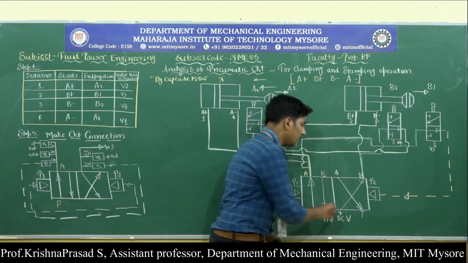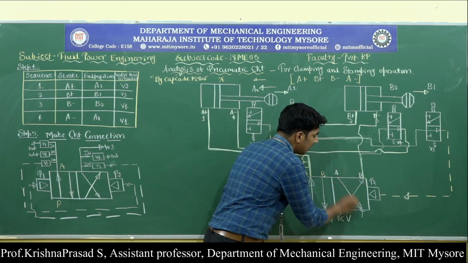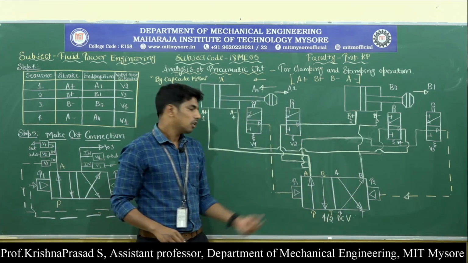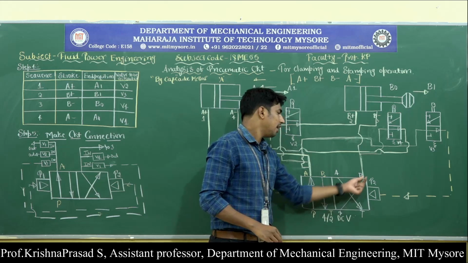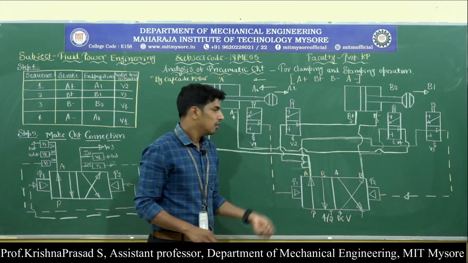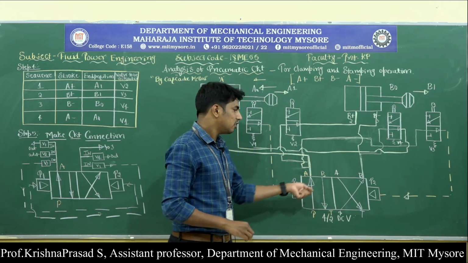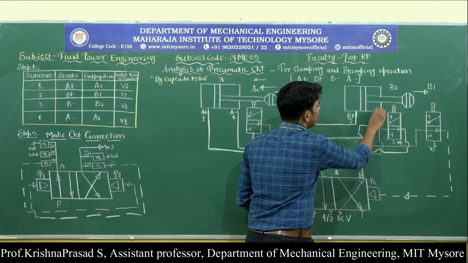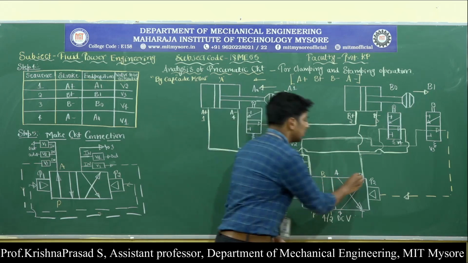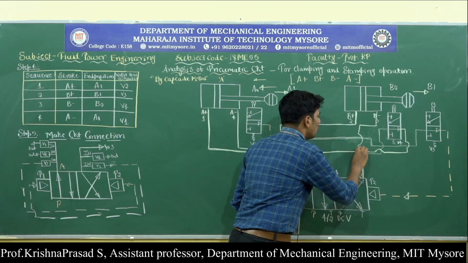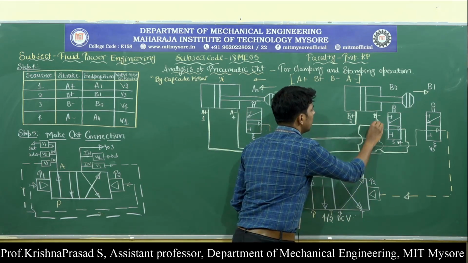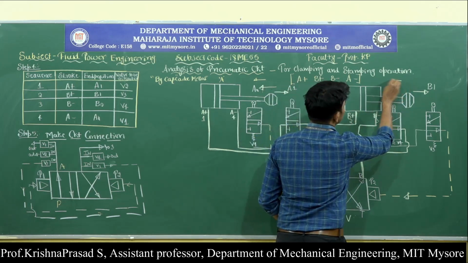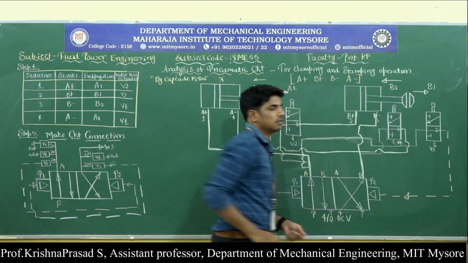Then the connection is made from P to B and A to T. Then the pressurized air enters from valve V3 to port 3 of cylinder B, and the retraction of cylinder B takes place.